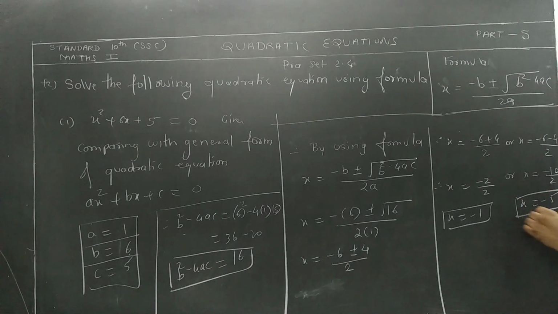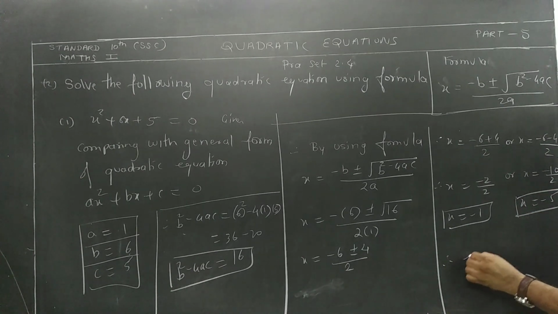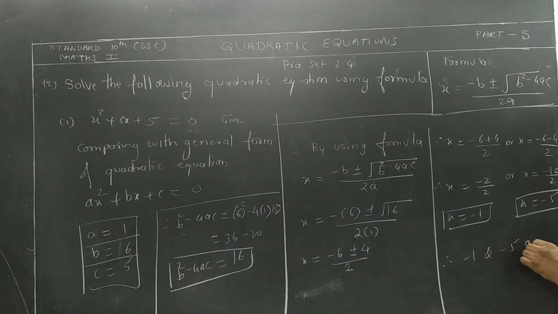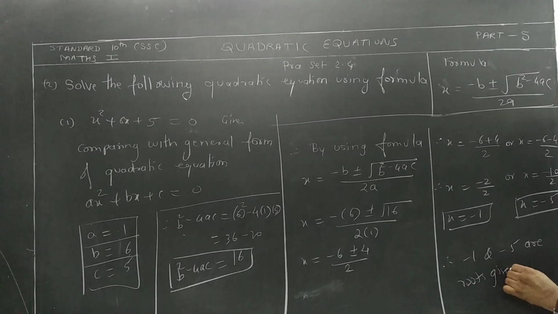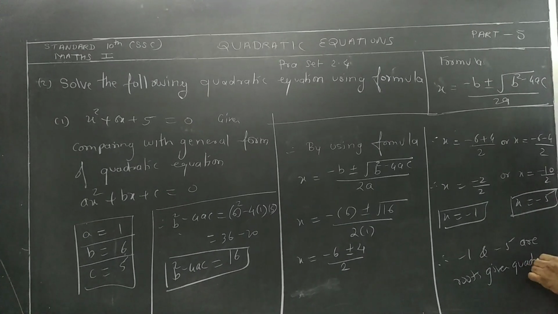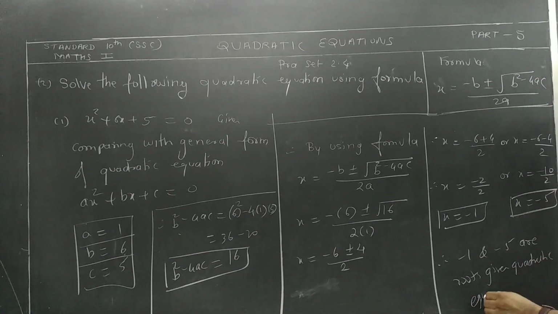So, what are the roots then? Therefore, minus 1 and minus 5 are roots of the given quadratic equation. This is the answer for you by using the formula.